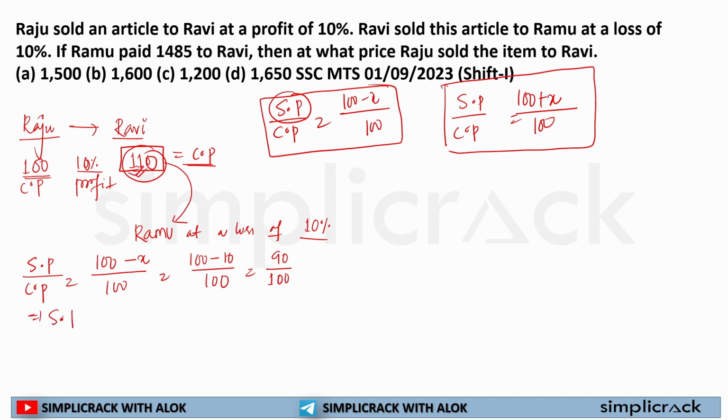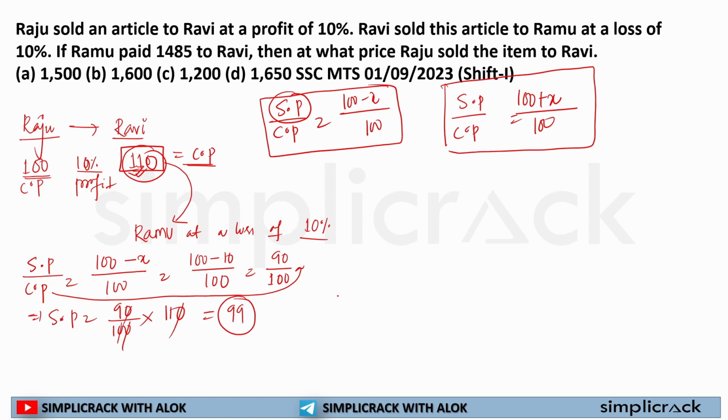So selling price will be 90 divided by 100 multiplied by 110. If I solve it, I cross out 0, 0 and I get 99. So 99 is Ravi's sales price for the article.